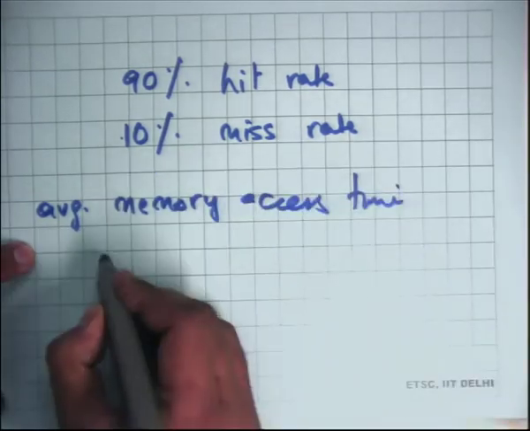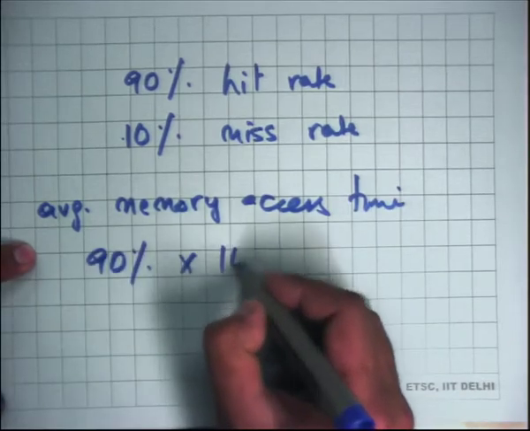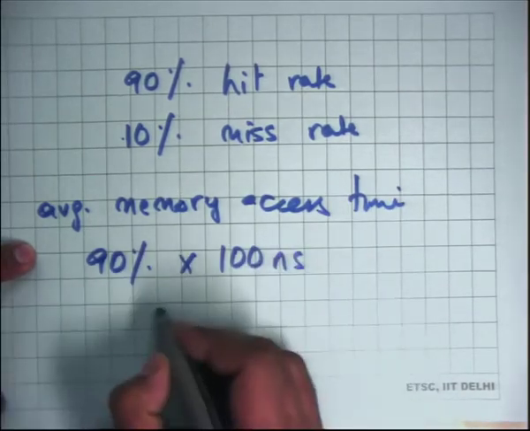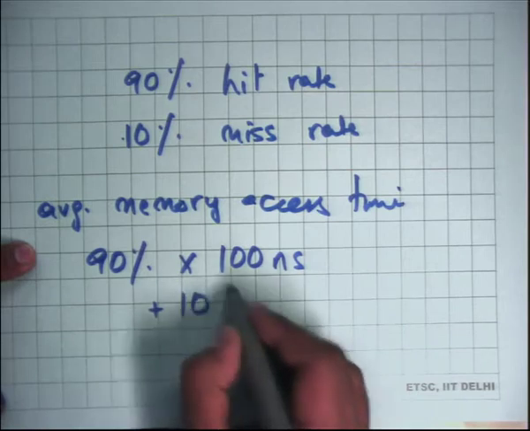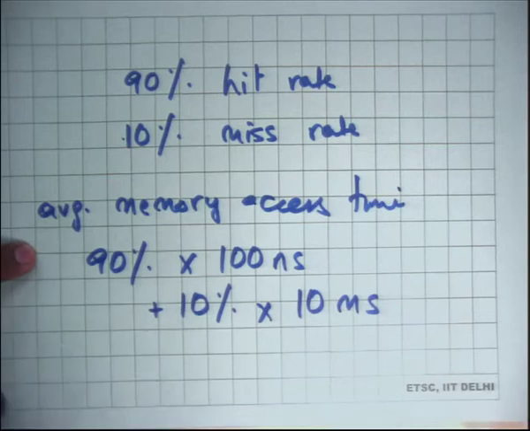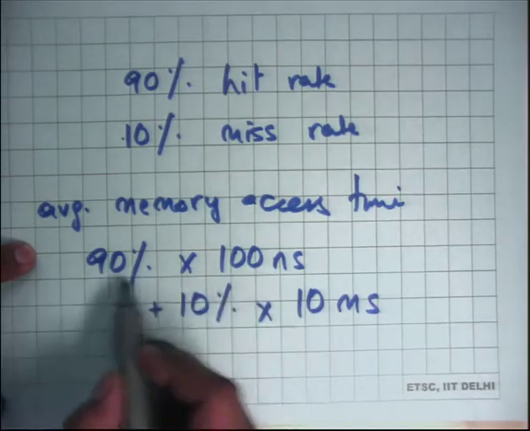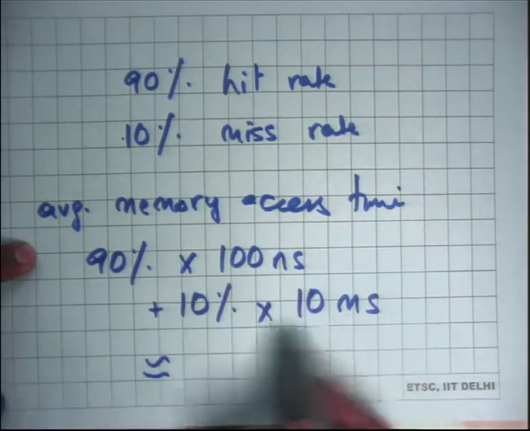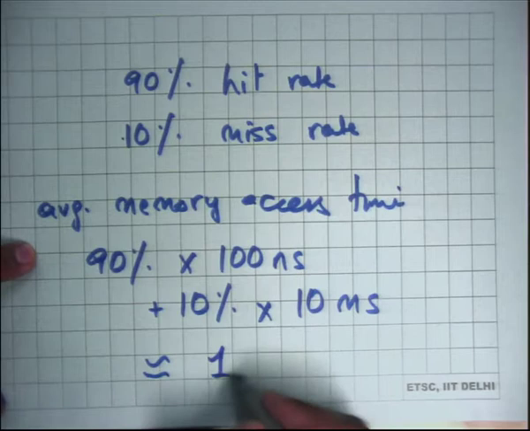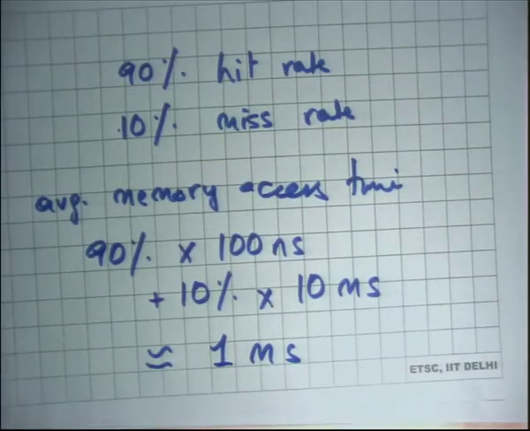Well, average memory access time would be 90% times, let's say, 100 nanoseconds, plus 10% times, let's say, 10 milliseconds. This first cost is almost 0; the second is 10% times 10 milliseconds, which is roughly equal to 1 millisecond. So on average every memory access is going to take 1 millisecond.